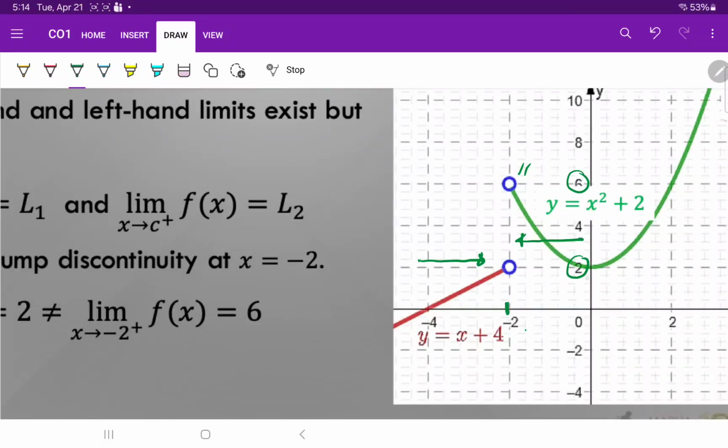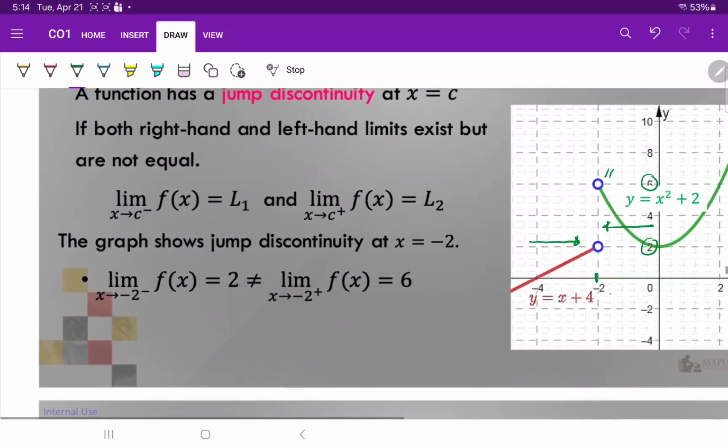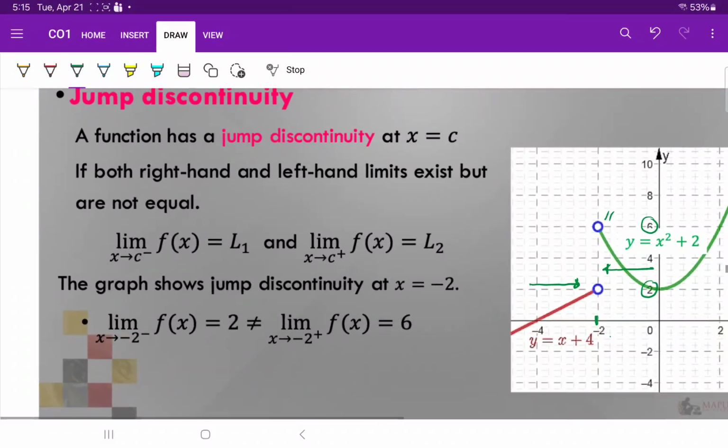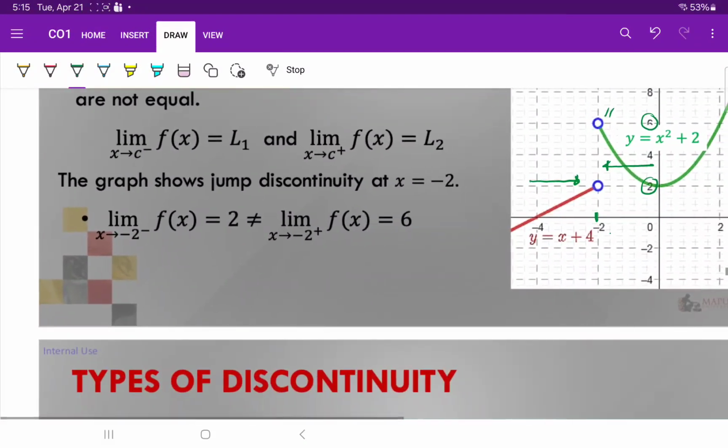So 6 and positive 2 are not equal. The right hand and left hand limits both exist, but they are not equal. So we say this is discontinuous, and we call this a jump discontinuity.